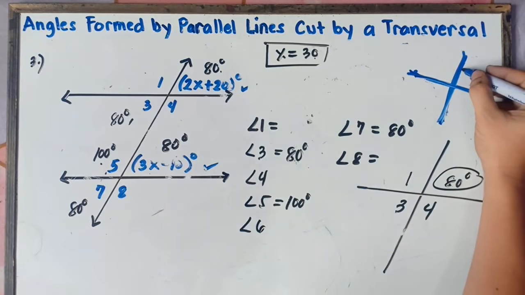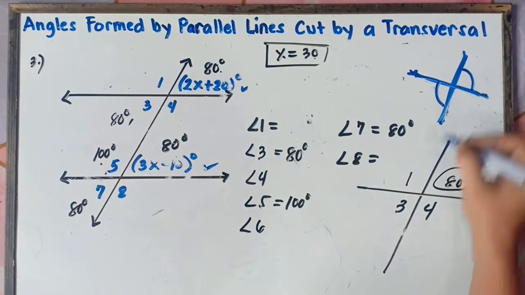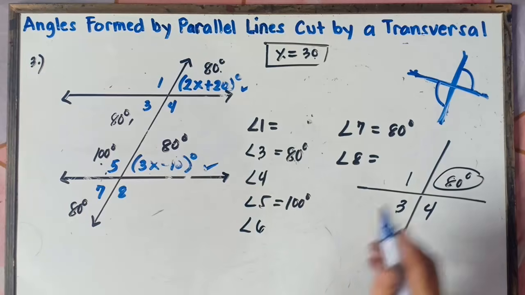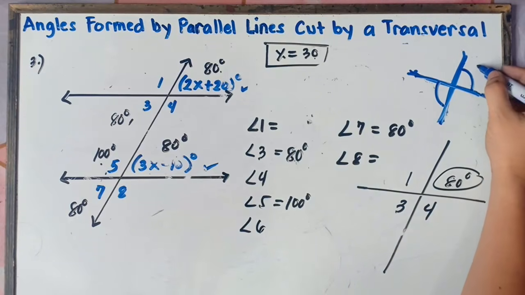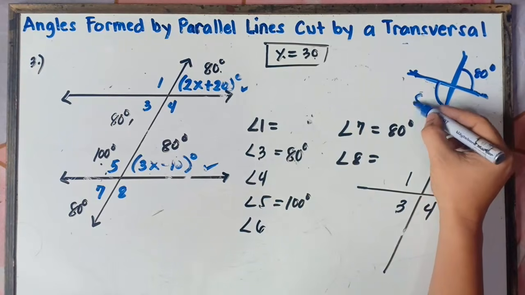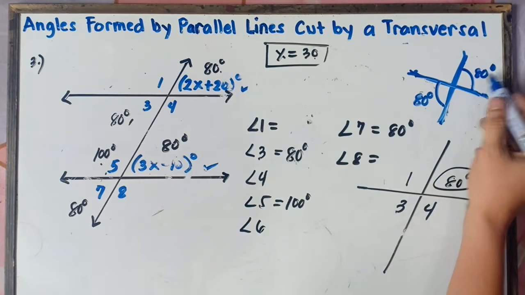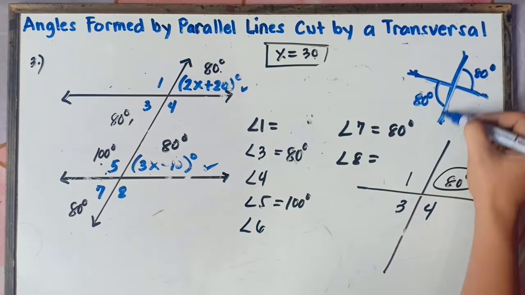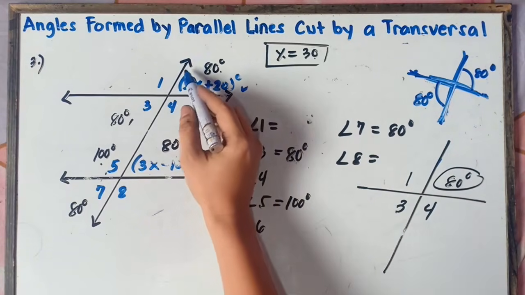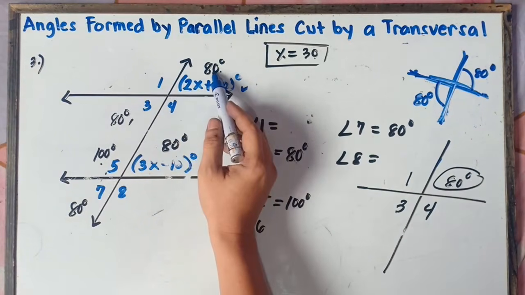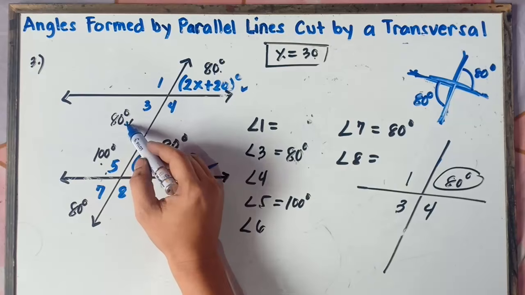Therefore, this angle right here, class, and this angle, they are always congruent. If this is just an example, 80 degrees, automatic, this is also 80 degrees because vertical angles are always congruent. It forms letter X.